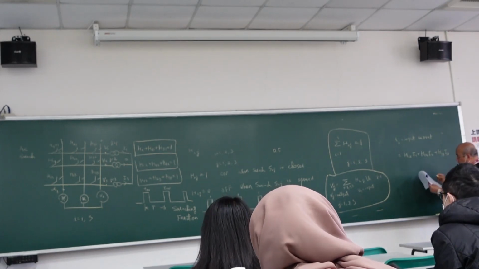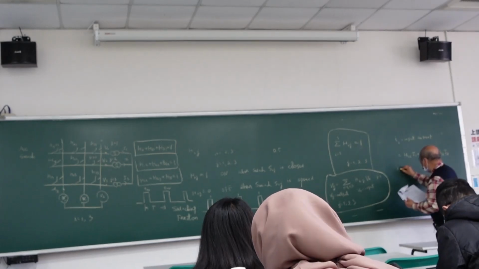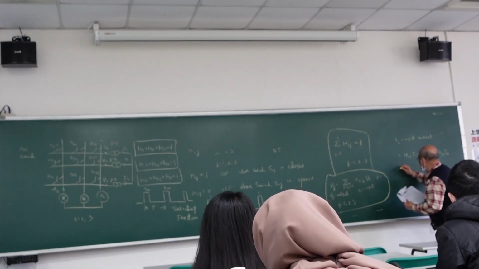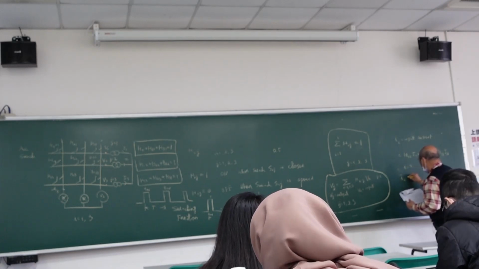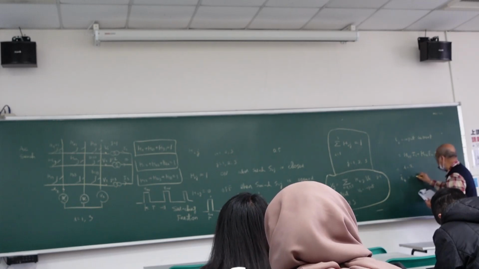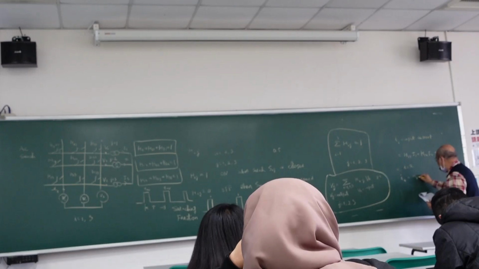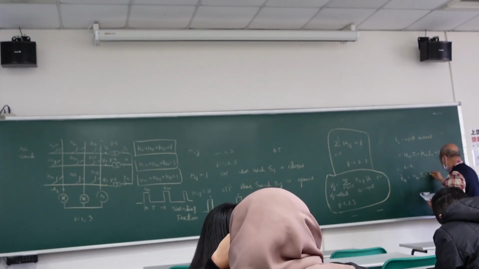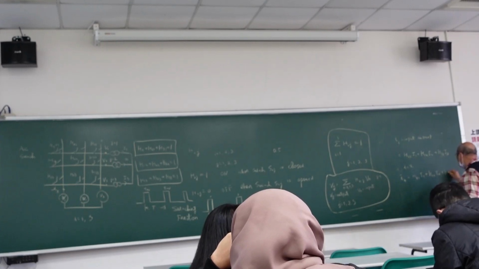And then how about I equal to 2? So I2, I equal to 2. So I2 equal to H11, sorry, this is H21 I1, H22 I2, H23 I3.